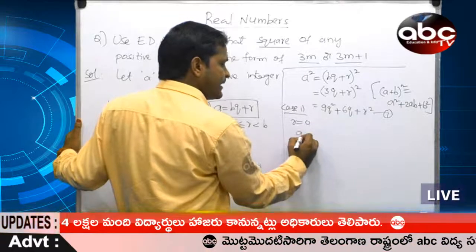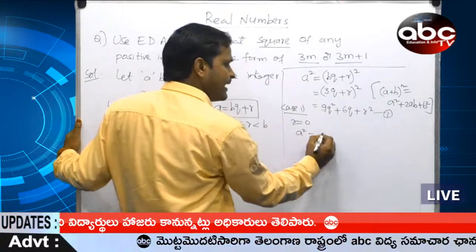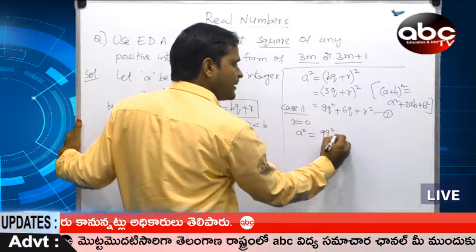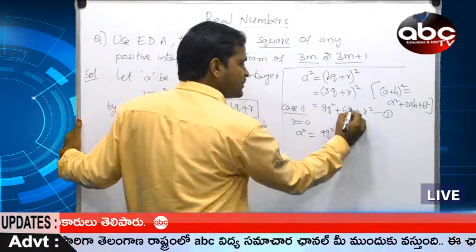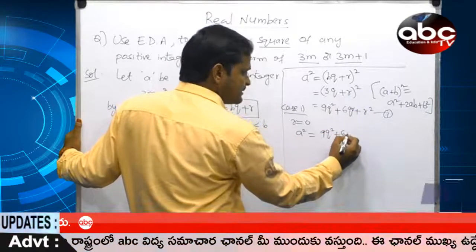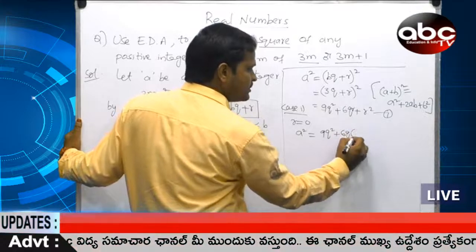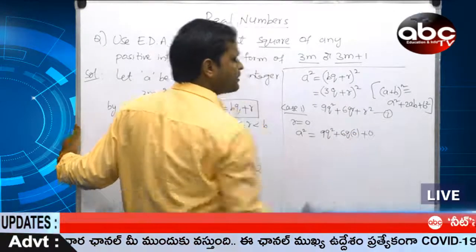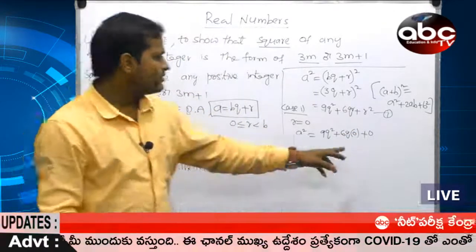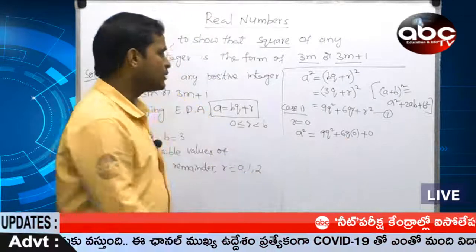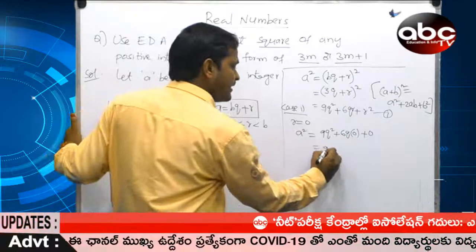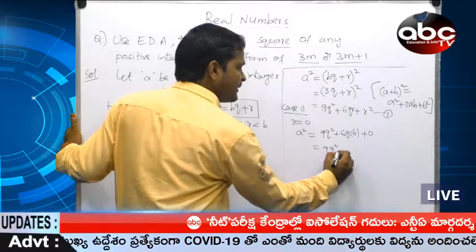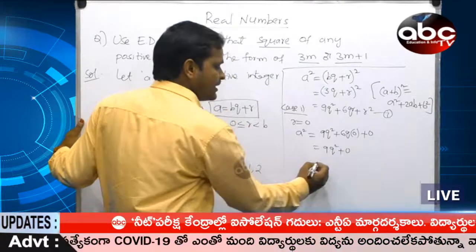We get a² = 9q² + 6q·0 + 0². Students, already you know 0 into anything is 0. Then 9q² + 0.